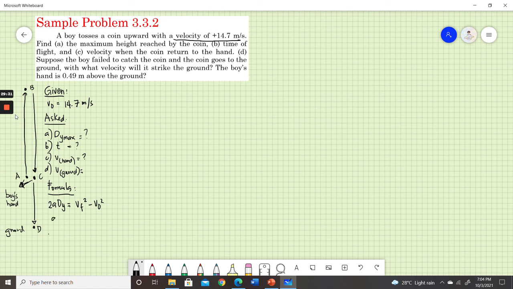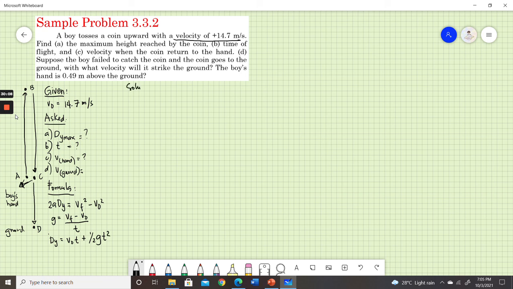We'll also use how to solve for the acceleration, this time acceleration due to gravity. So g equals the final velocity minus the initial velocity divided by time. And the other equation is dy equals the initial velocity multiplied by time plus 1/2 gt squared. So those are the formulas that we have.